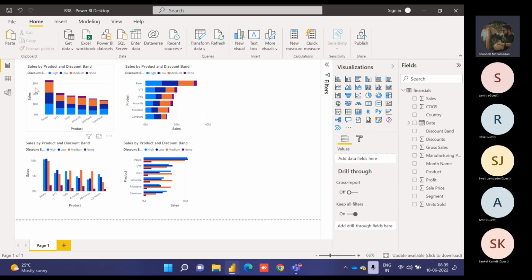Now let's notice one major difference between the two. If you see the scale, here in the stacked it is going above 30 million, but in the clustered it is hardly going above 10 million. Can you tell me why there is a difference between the two, even though the columns that we have used are the same?